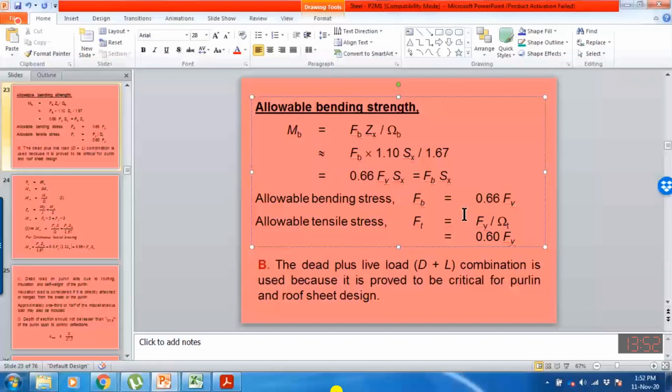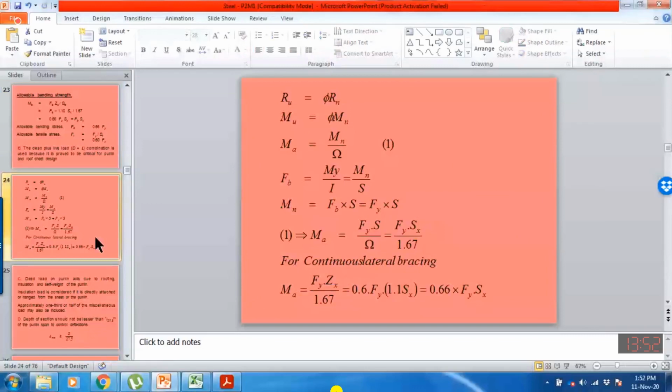So now we can compare this equation, the bending strength, with the service moment. Then the only unknown will be Sx. So if we know the service applied bending moment and the material strength, we can determine the section modulus required for this purlin, that we can compute easily.